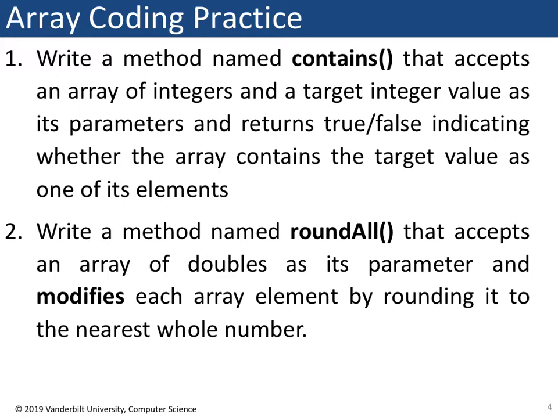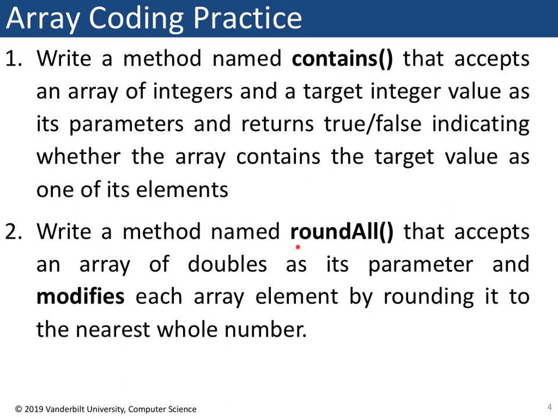The second method we will code is called round all. We'll pass in an array of doubles as a parameter, and we will round each element of the array to the nearest whole number. So there's going to be one parameter that's an array of doubles, and we will modify that array, replacing each element by a rounded version of the element to the nearest whole number.